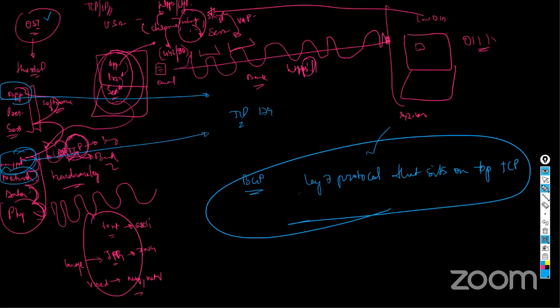So if someone asks you what is BGP, never say layer 3, because the other protocols like OSPF and EIGRP are layer 3. The rightful answer is a layer 7 protocol that sits on top of TCP, because it relies on the TCP mechanism. And who is initiating this? It's those applications which are pushing this protocol to be initiated.